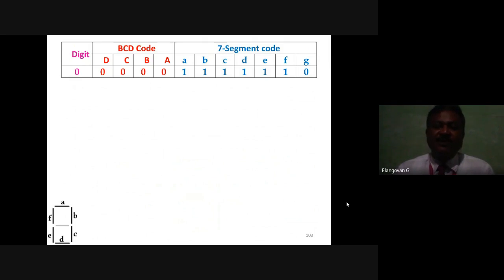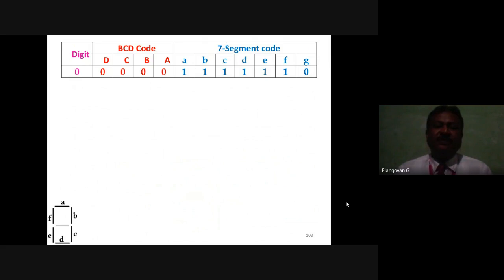So to display 0, the 0 display is given, so only G has to be turned off and all the others are on. This is an example considering common cathode configuration. So if the anode becomes 1, each segment LED is going to turn on.